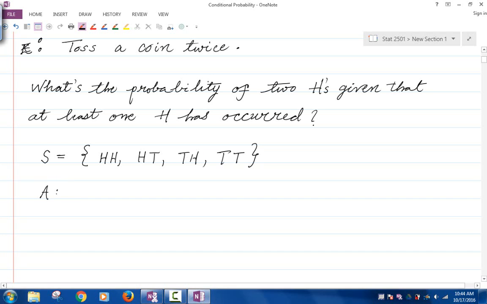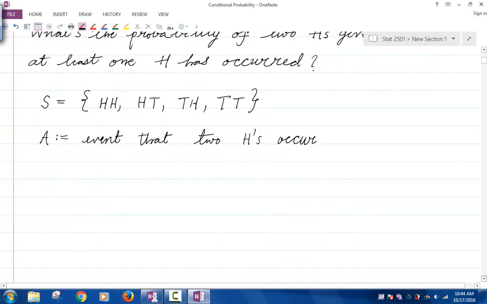Let's let A be the event that two heads occur, and B be the event that at least one head occurs.